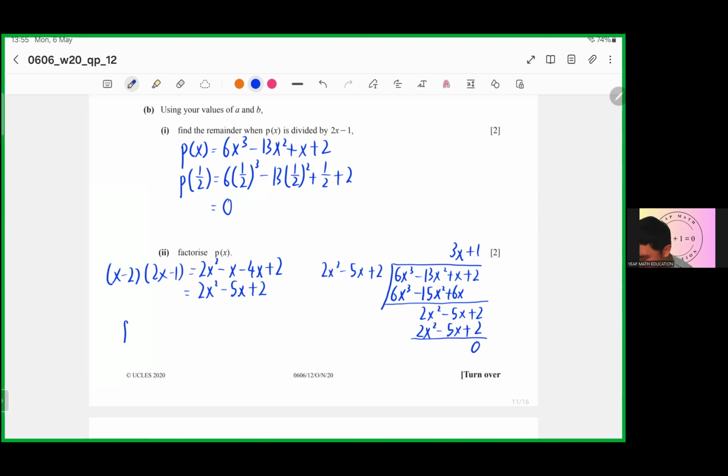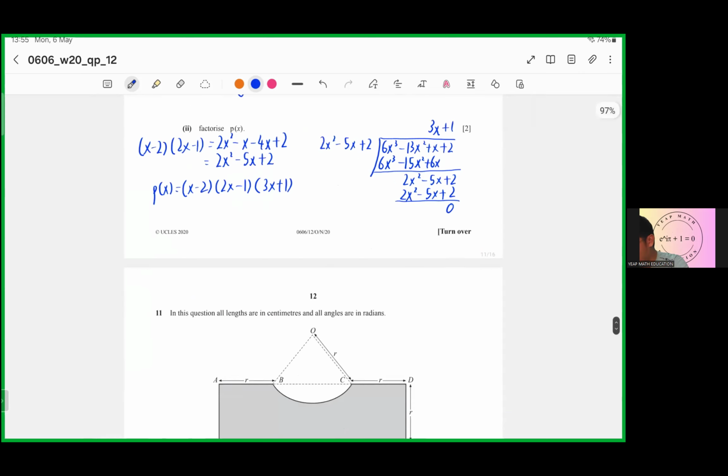So we can write P(x) equals (x minus 2)(2x minus 1)(3x plus 1). So we already factorized this P(x).